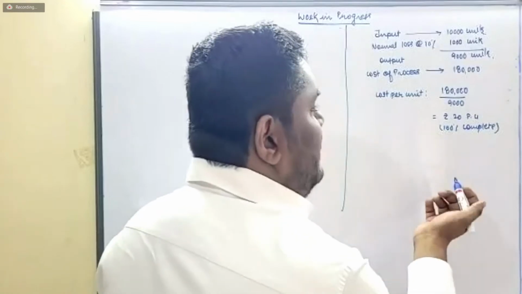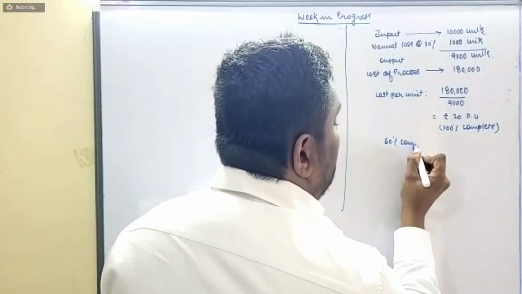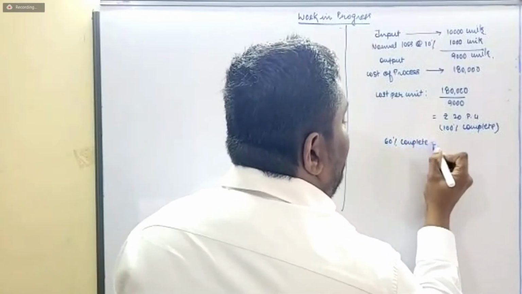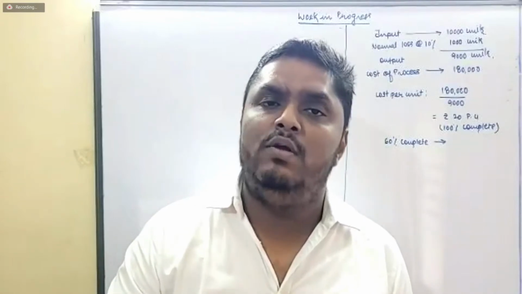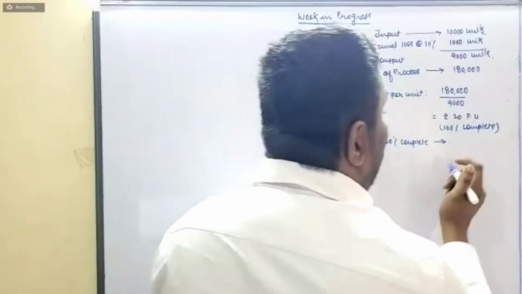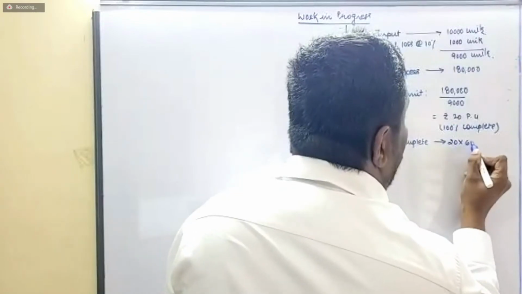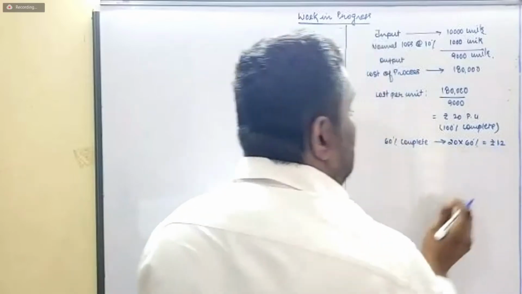So if we want to calculate the cost of units that are 60% complete, if we can calculate the cost of 100% units, then we can easily calculate the cost of 60% completed units. That is 20 into 60%, that is rupees 12.